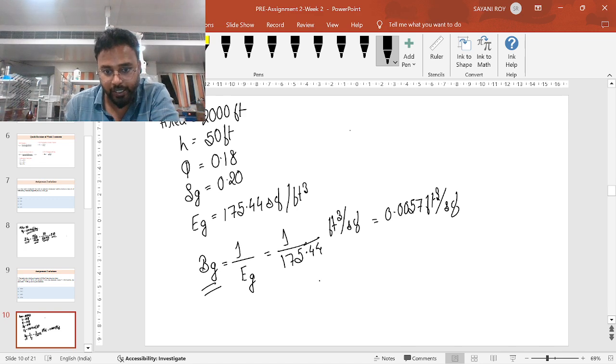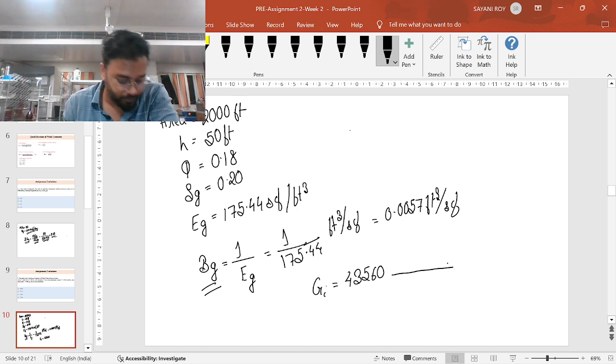Now to find the initial gas in place, the formula, which I have already given you, is 43560 A h phi Sg divided by Bg.